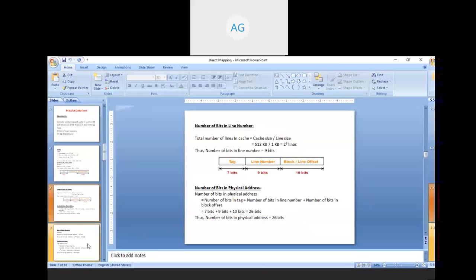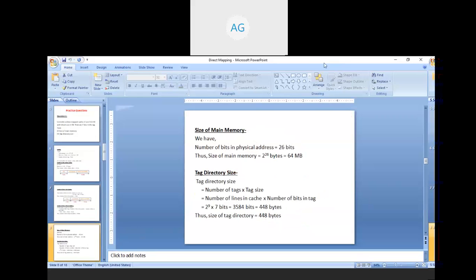So moving to the next slide. The size of the main memory is determined by the number of bits in the physical address, which is 26 bits. So the size of the main memory is 2 to the power 26 bytes, which is 64 MB.